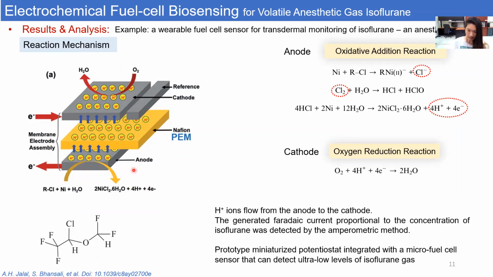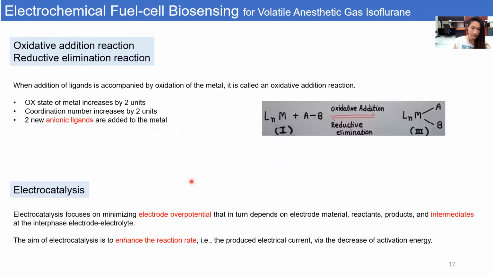The prototype miniaturized potentiostat integrated with a micro fuel cell sensor can then detect ultra-low levels of isoflurane gas. At the anode and the cathode, there is an oxidative addition reaction and an oxygen reduction reaction, respectively.